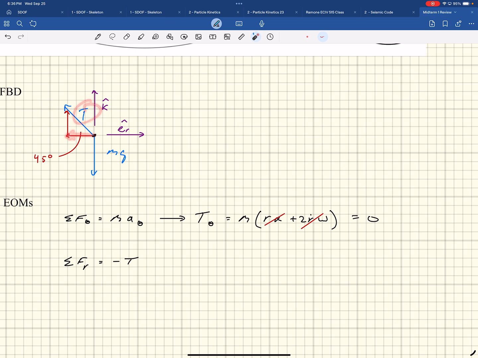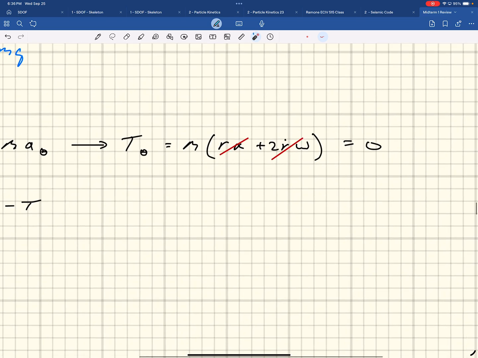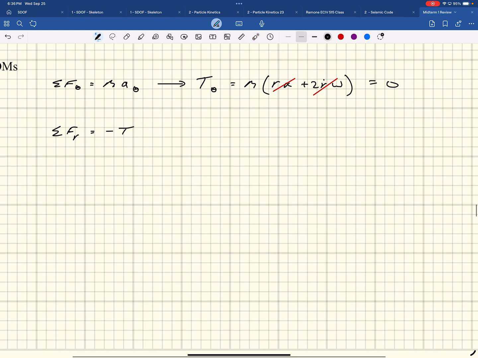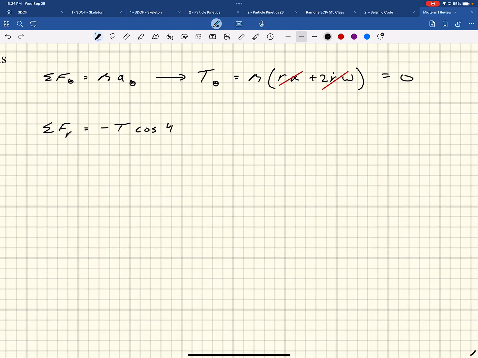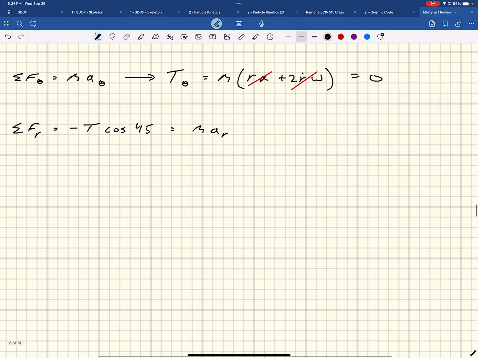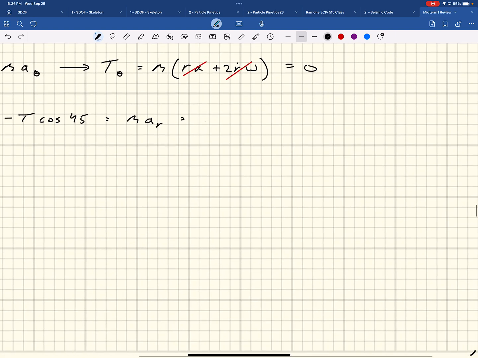Negative, because e_r is pointed that way, e_n is pointed this way. So this would be T cosine 45 is equal to m a_r, which is equal to m times R double dot minus R omega squared.